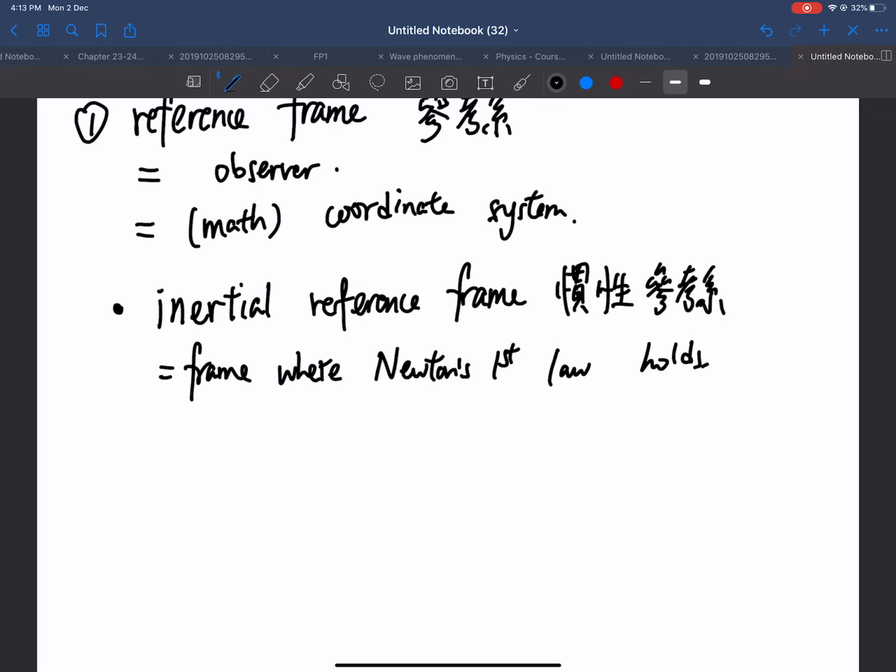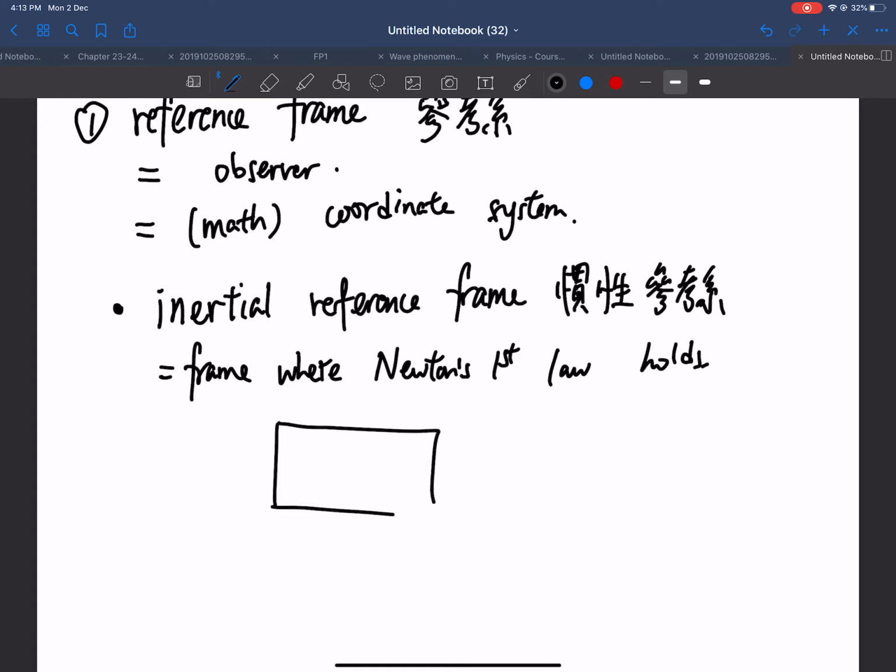So the statement in your textbook is not rigorous enough. You should say that Newton's first law holds in an inertial reference frame: if there's no net force acting on the object, then the object will move with constant velocity or be at rest. Let me give you a counter example.